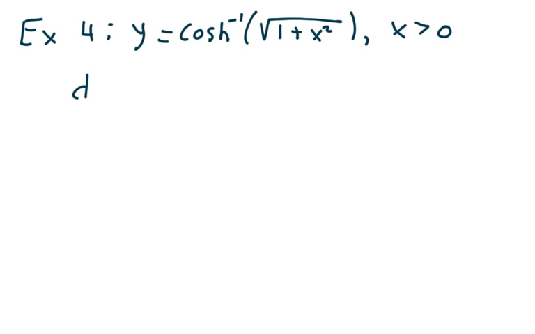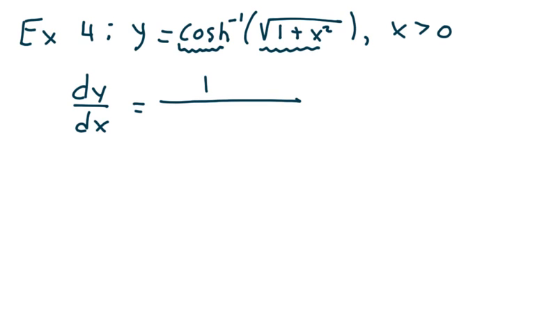And so again, this is a really nice application of the chain rule. So when we take the derivative, we're going to get the following. We're going to get 1 over, so remember, we're taking the derivative of the outside function, evaluated at this inside function.